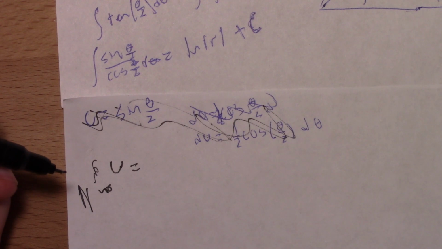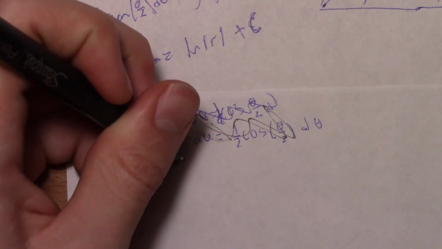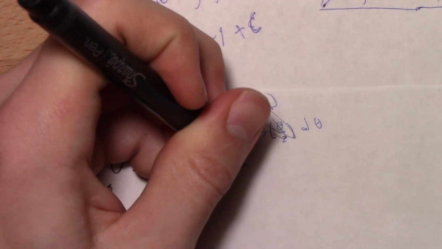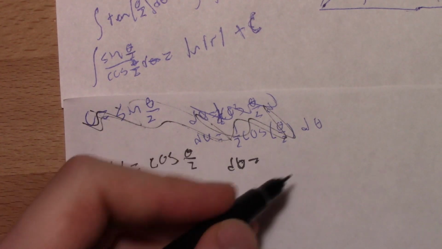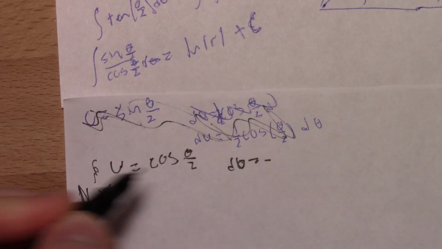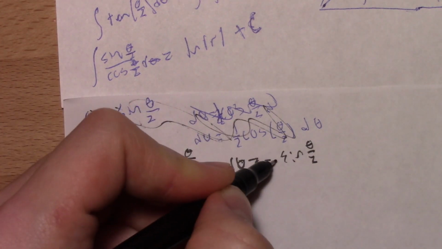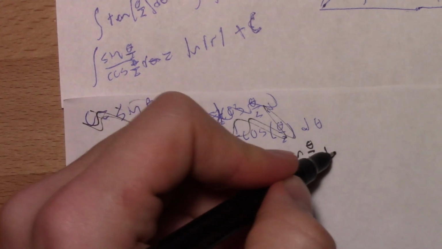u equals cosine theta over 2. du equals negative sine theta over 2 over 2 d theta.